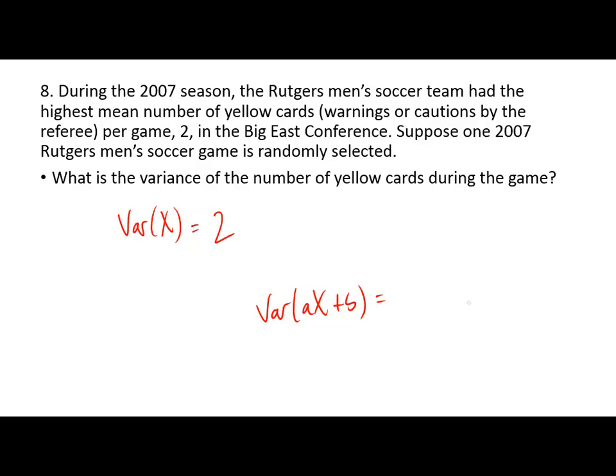So this is still equal to a squared times the variance of x. Adding on a constant doesn't change the variance. You can think about what I said earlier: the variance is a measure of how spread out something is. If I just add something to that, I'm not changing how spread out it is. I'm picking up the distribution and shifting it around, but I'm not making it more or less spread out. So adding on a b doesn't change the variance.